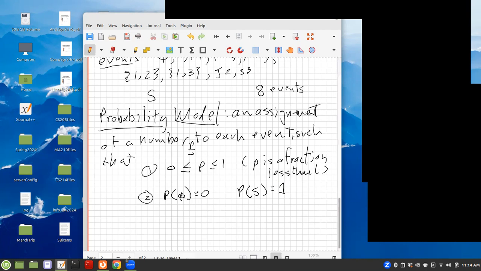And we intuitively think of probability 0 as being never happening, and probability 1 means always happens. That's within the context of the probability experiment.